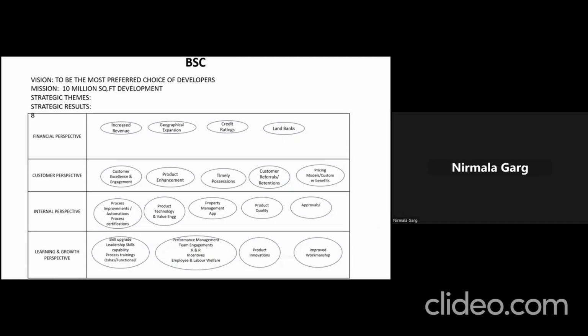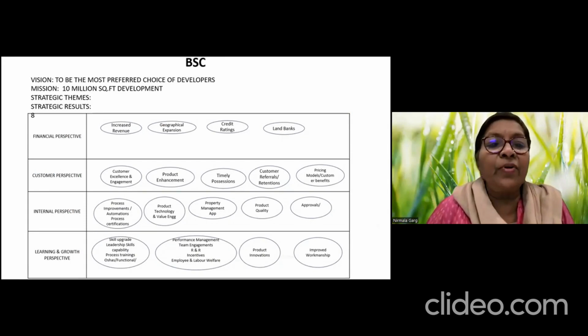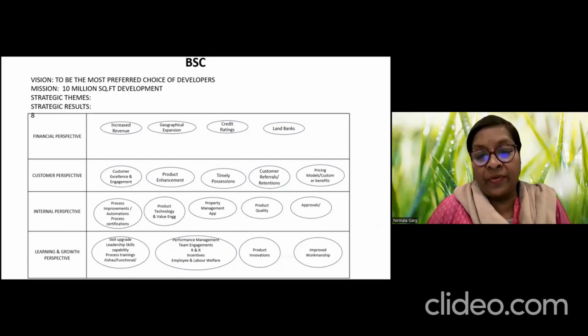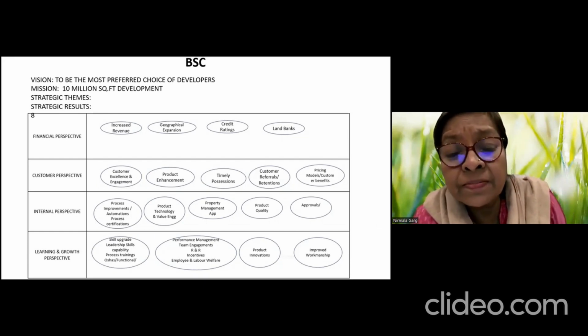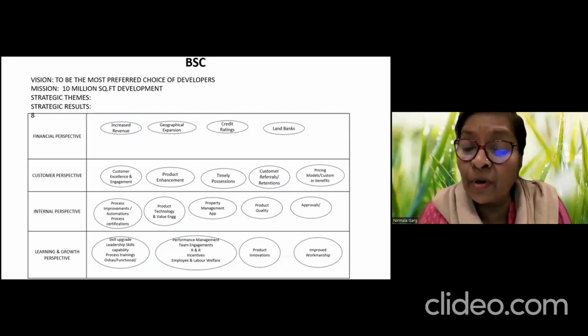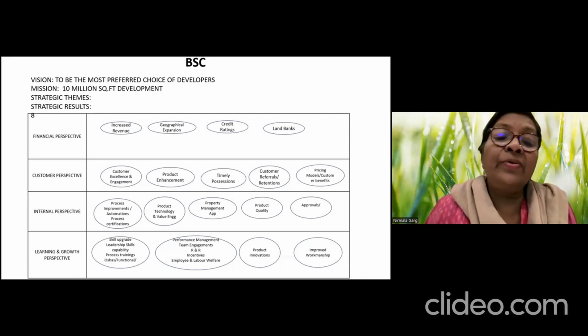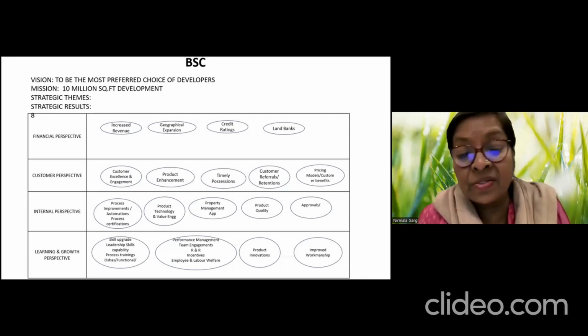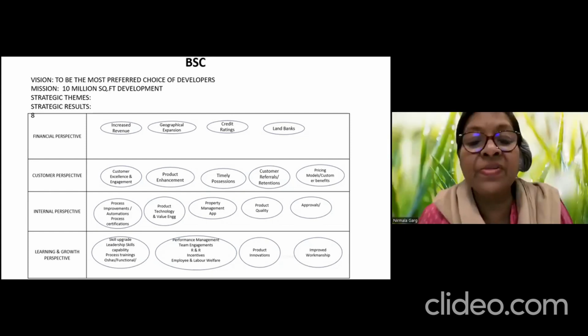You can start from the customer perspective, saying that we want to be the most preferred choice of developers. And what is your customer value proposition? Are you in product leadership, customer intimacy, or operational excellence? I will talk about customer intimacy, because you are in customer intimacy.